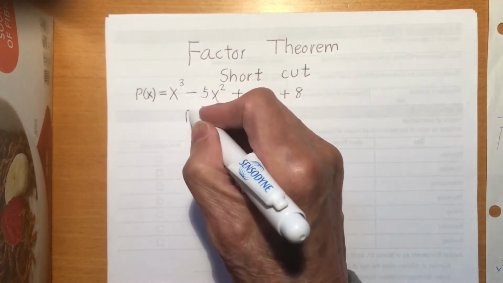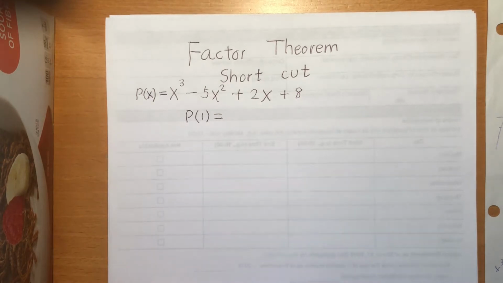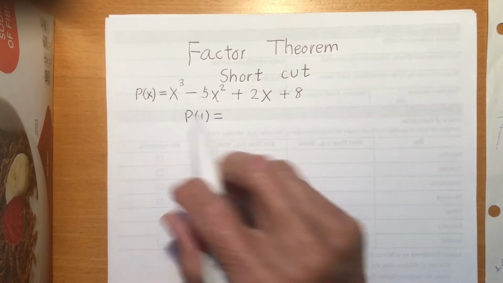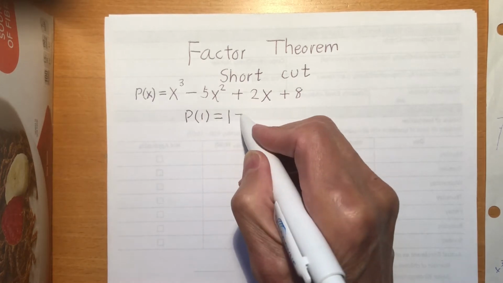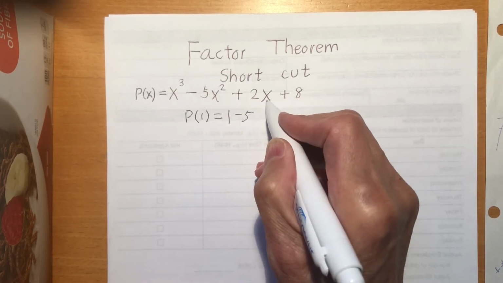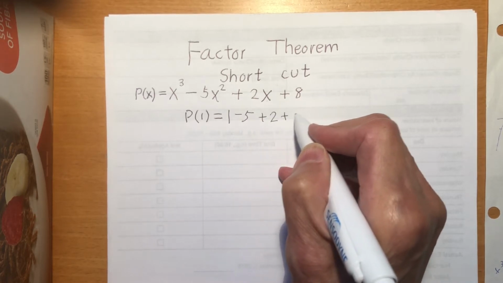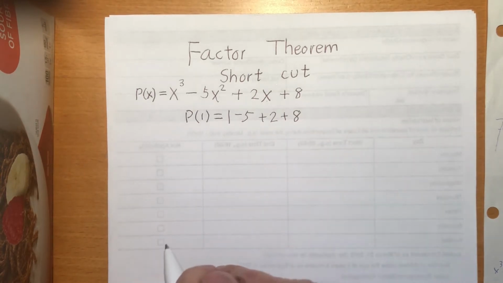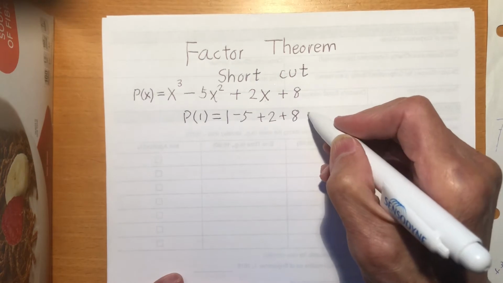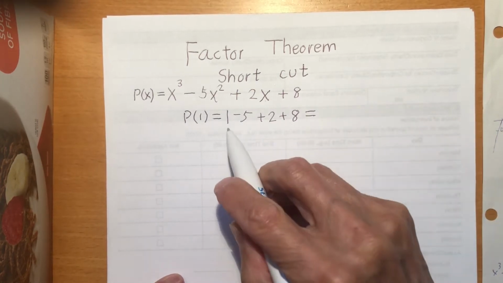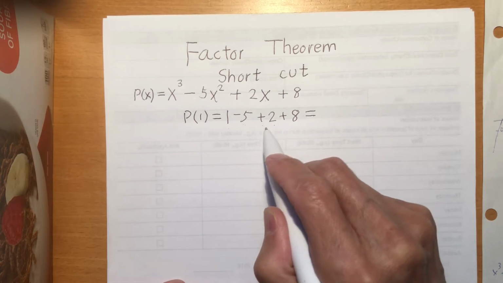So my polynomial, if you replace x by 1, this is just 1. And this is 1 squared is 1, so minus 5. And this is 1, so this is 2. And this is 8. So what is the value of this? 1 minus 5 is negative 4. Negative 4 plus 2 is negative 2.